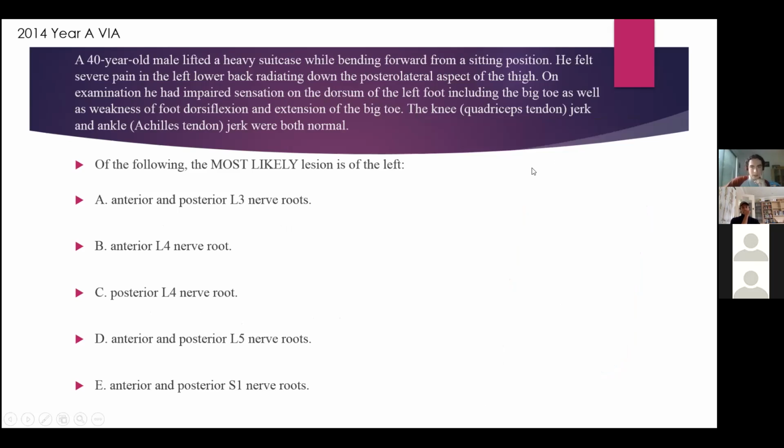Isabel, do you want to have a crack at this one? Sure, I'll just have a read. Take your time. Oh man.